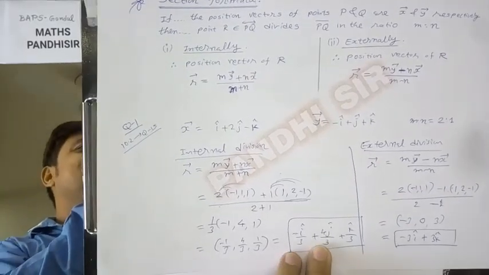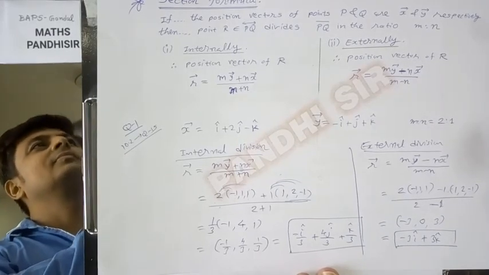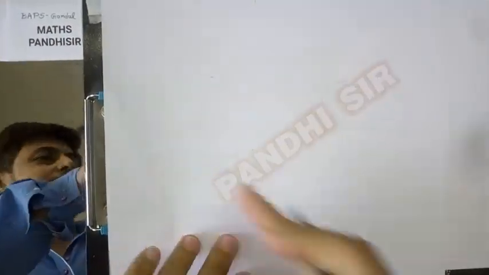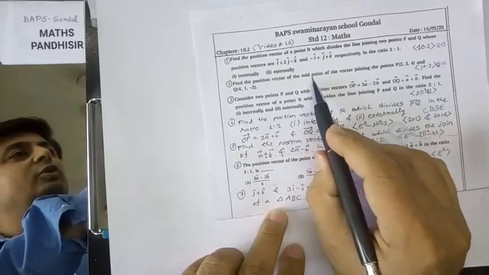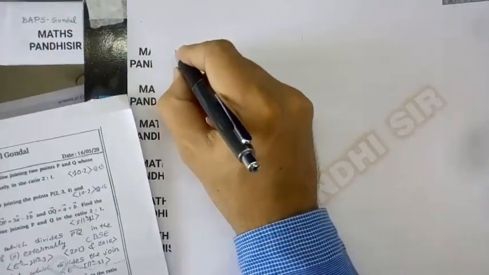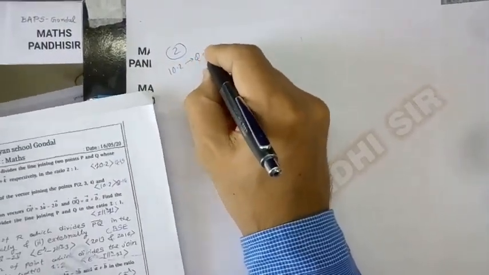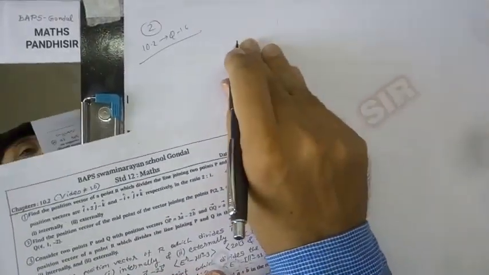Okay, write down. Now look, the position vector of the midpoint of the vector joining these 2 points is required. So midpoint means, look, question number 2 here, it is again 10.2, question number 16. Midpoint means ratio 1:1, 1:1.